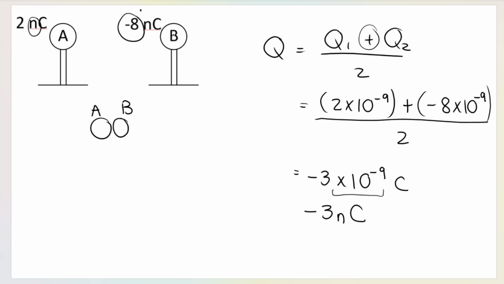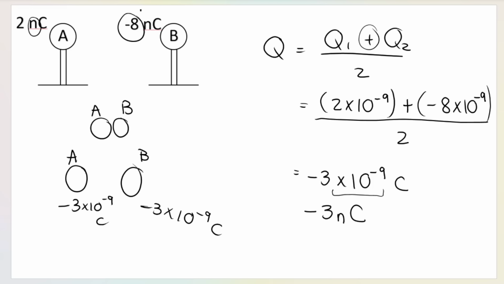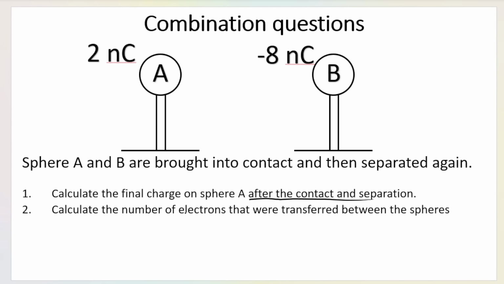They'll move from B to A, because from more negative to less negative. And then when they separate again, A and B both have the same final charge. My next question, remember, says calculate the number of electrons that were transferred between the spheres. They mean while they were in contact.